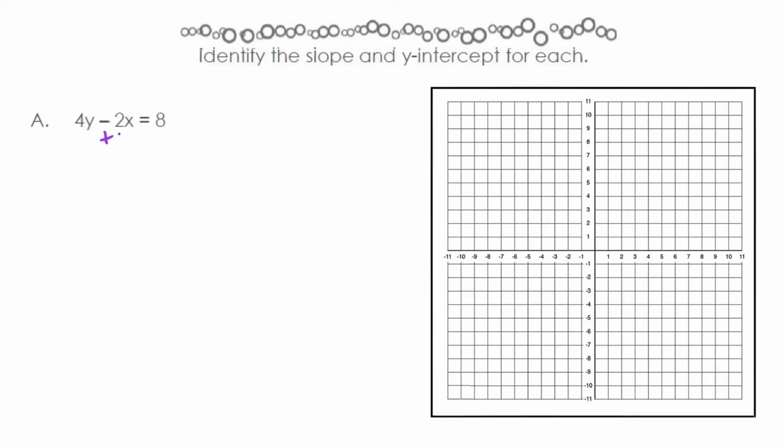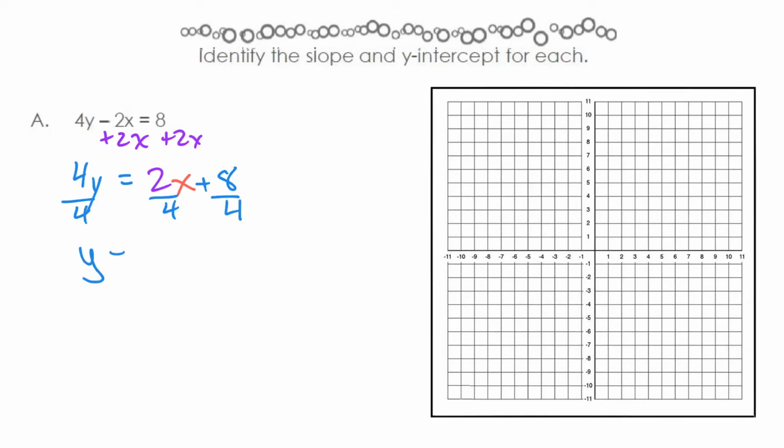So I'm actually going to add 2x to both sides, and I'm going to get 4y is equal to 2x plus 8. Now I need to divide each side by 4.